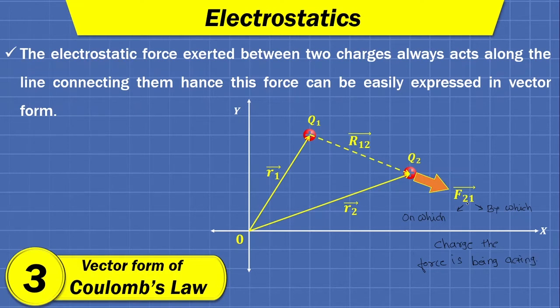So this is a very general convention that we are using. So F21 stands for the force on charge q2 by q1.